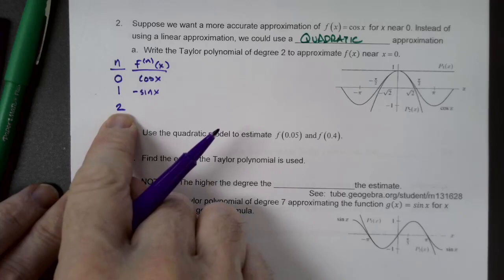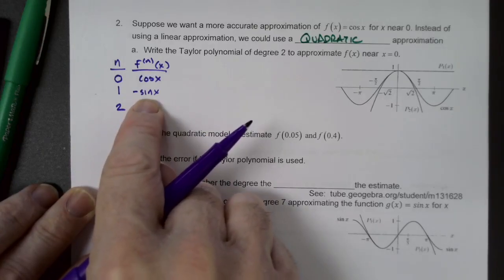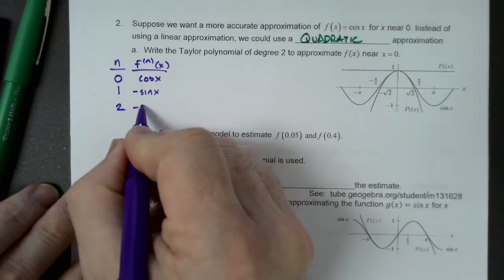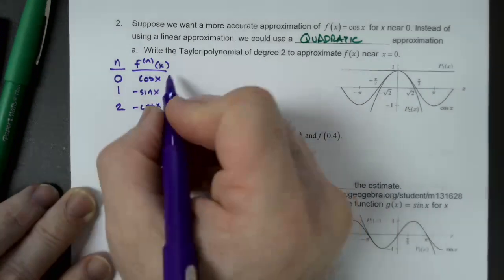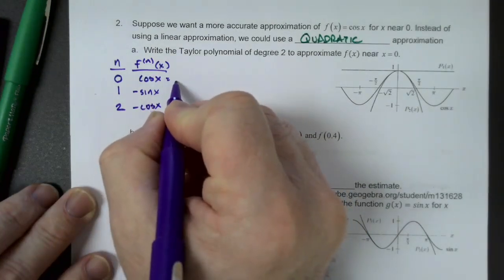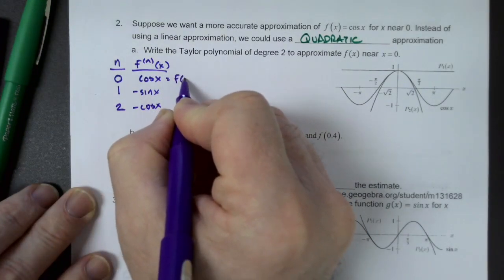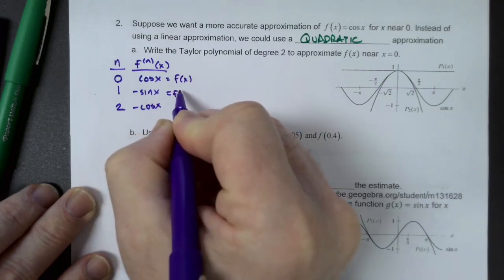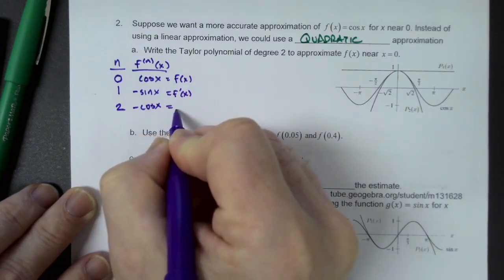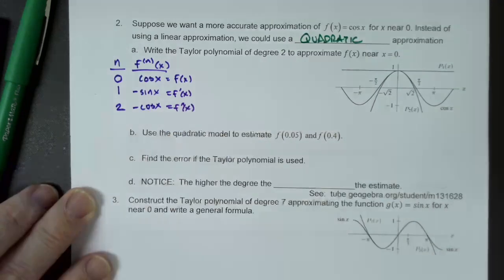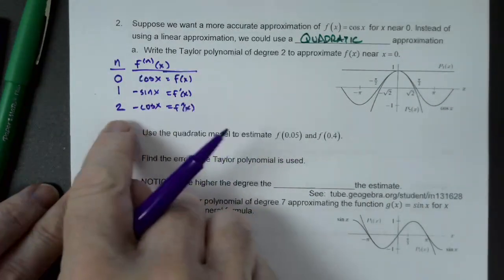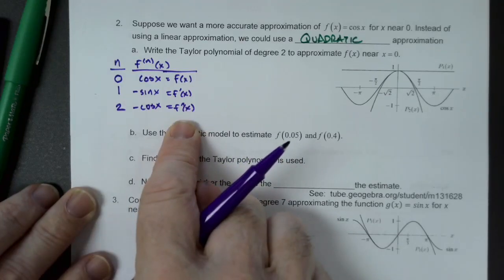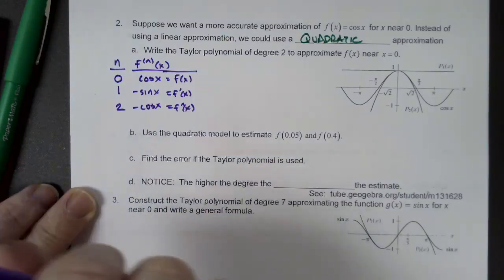And then the second derivative, derivative of negative sine, will be negative cosine of x. Okay. This again, if you needed clarification, this is the f of x function. This is the first derivative. This one is the second derivative. Just to clarify that. And again, if I needed a third degree, I'd have to do the third derivative, fourth derivative, and so on. Okay?